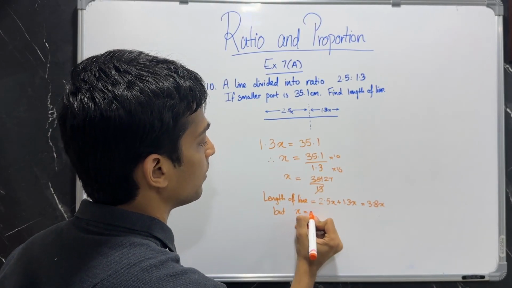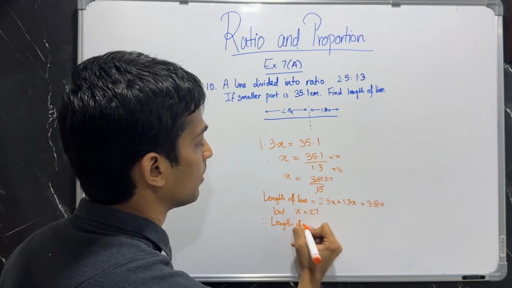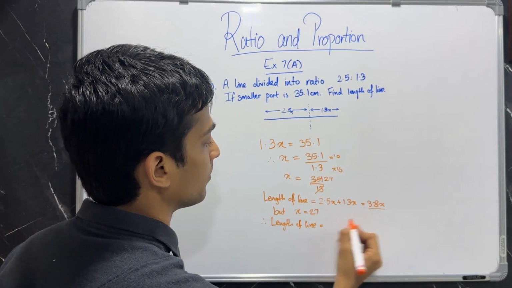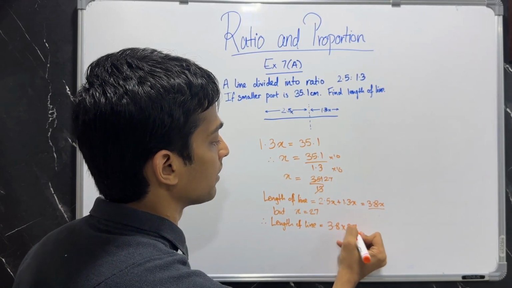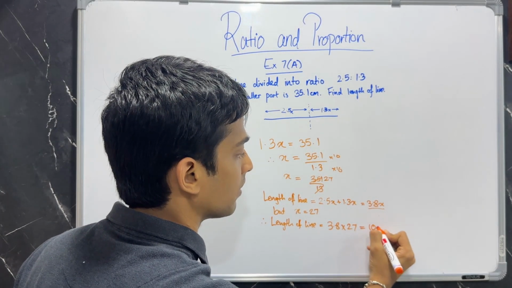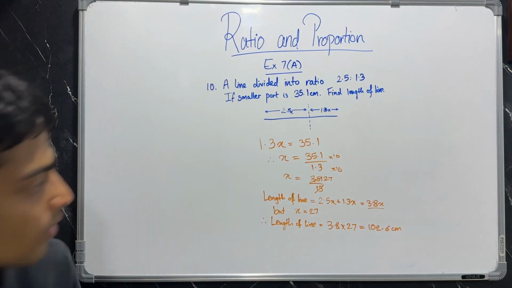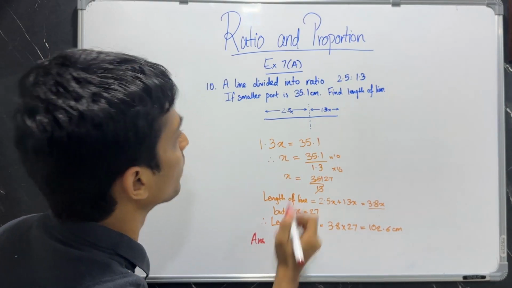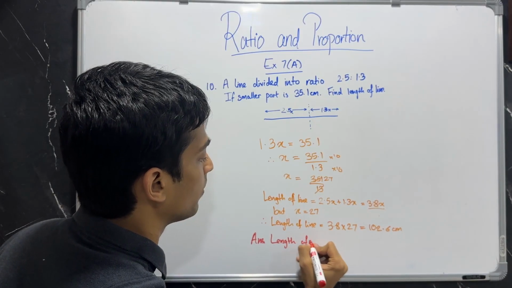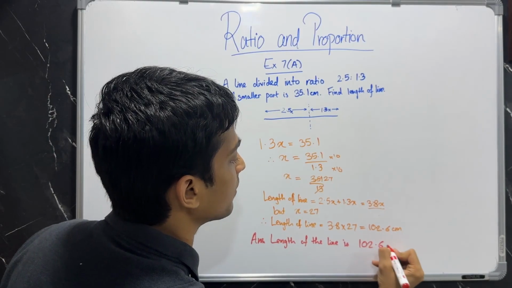Therefore, length of line will be 3.8 multiplied by 27. So that comes out to be 102.6 centimeter. So the answer, what they have asked, find the length of the line. So length of the line is 102.6 centimeter.